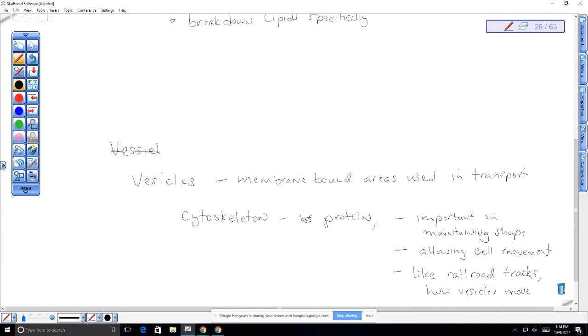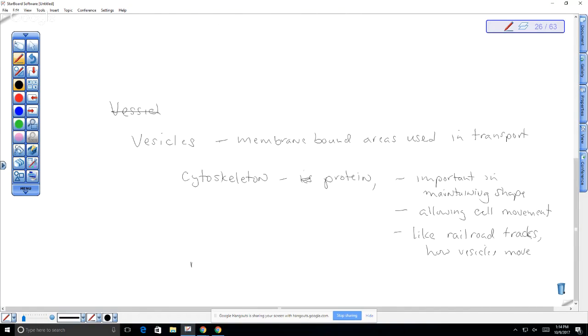Okay. So you see a vesicle being produced at the Golgi apparatus, and you're like, well, how does it know to move towards the outside? And the reason is that there's a little railroad track that aids in its transport. Also involved in the transport of the cytoskeleton are what are referred to as motor molecules.